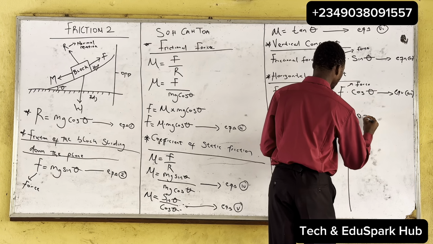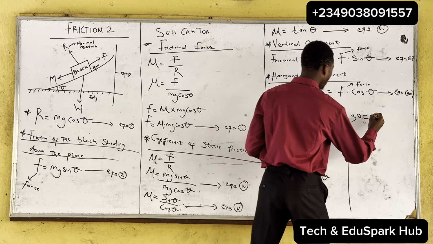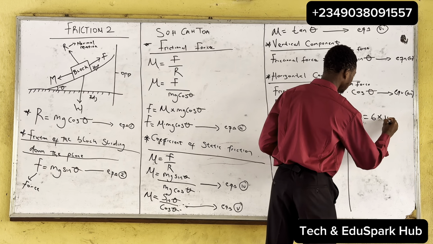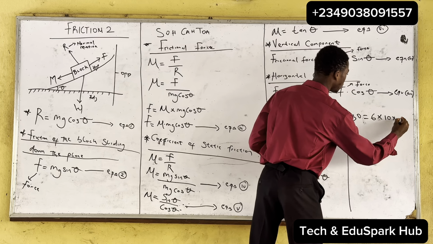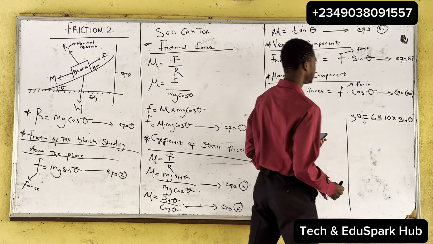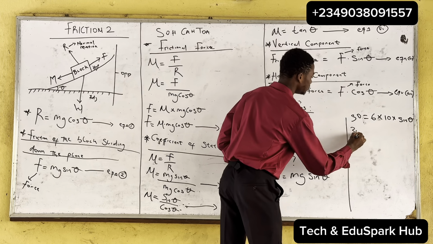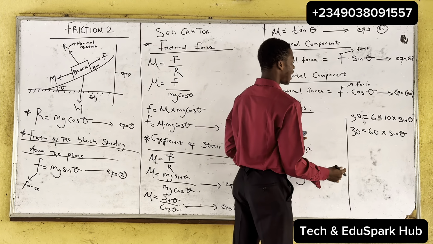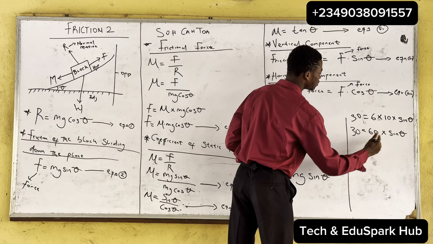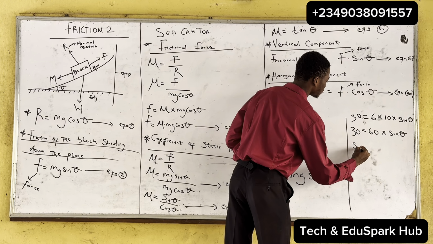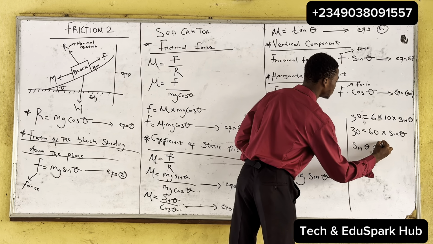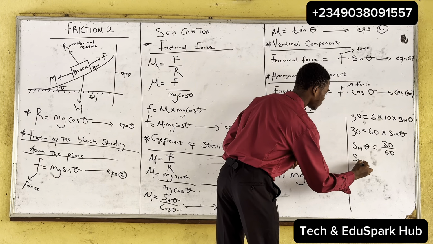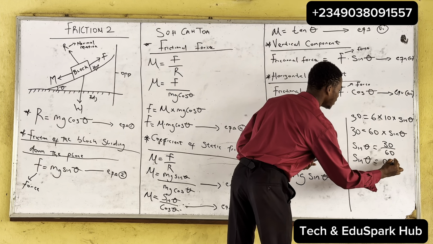We have the 30 Newton equal to, what is our mass? Our mass is 6, multiplied by our gravity, which is 10, multiplied by sine theta, the angle we are looking for. So when we solve this, we have 30 equal to 60 multiplied by sine theta. We can make sine theta the subject of the formula, so sine theta is equal to 30 divided by 60, which is 0.5.